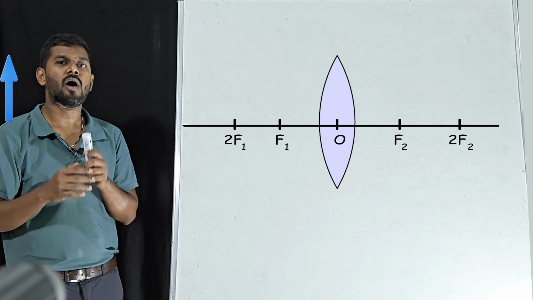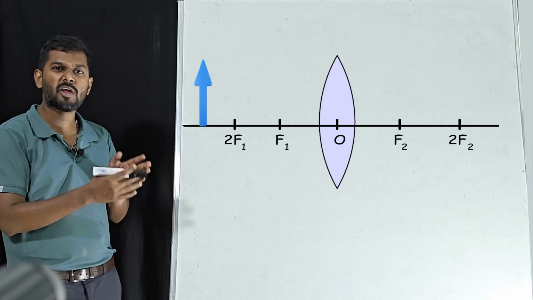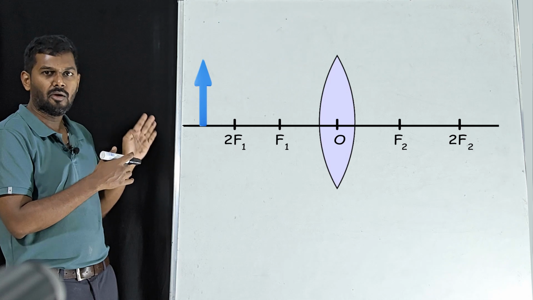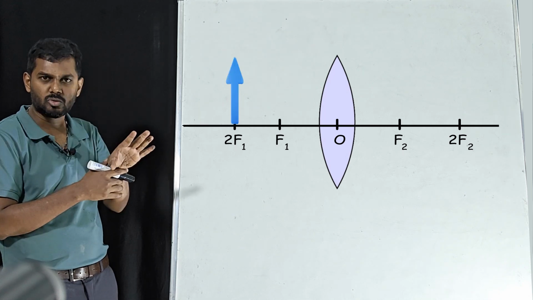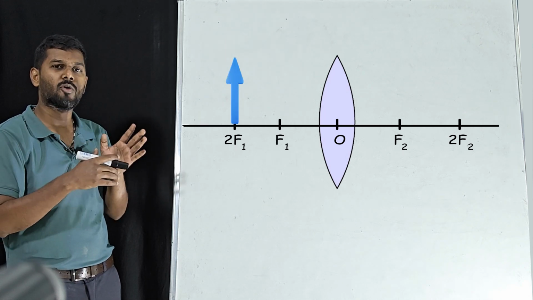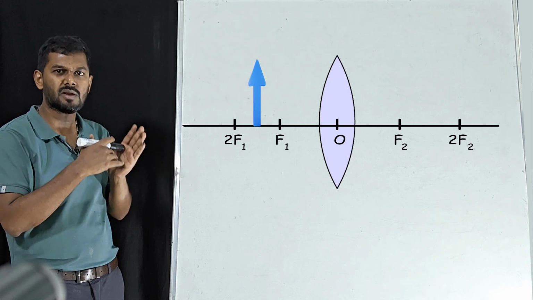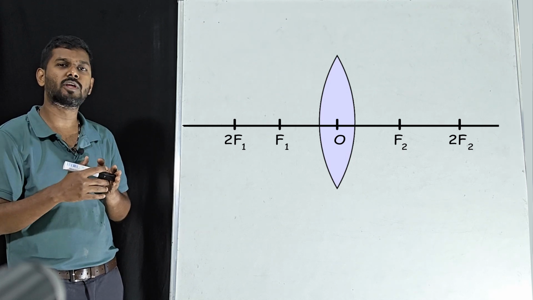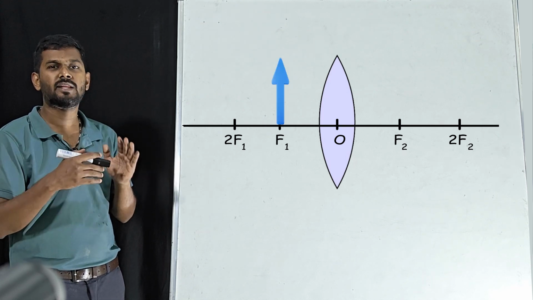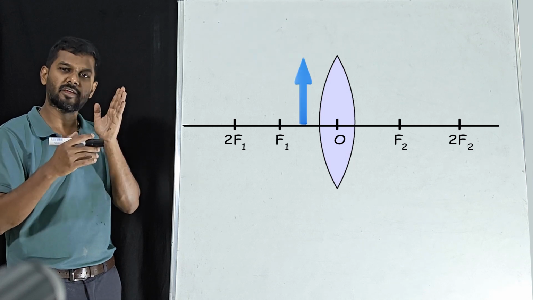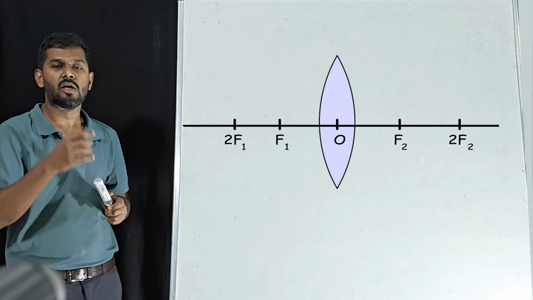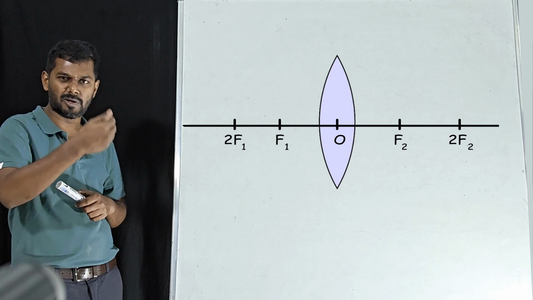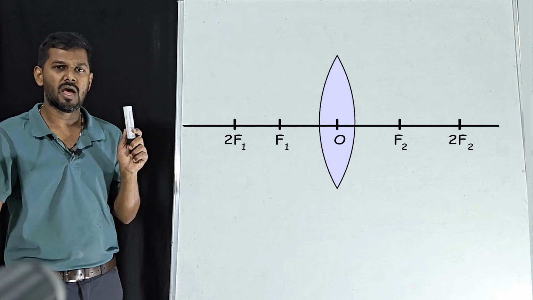Then beyond 2F1, then at 2F1, then between 2F1 and F1, then at F1, and then between F1 and the optic center. For all these places, we are going to draw the ray diagram.